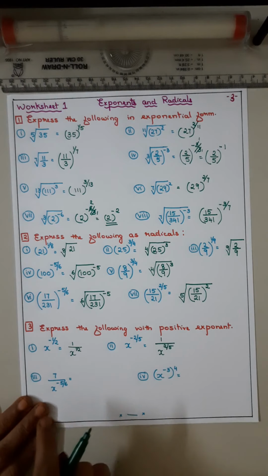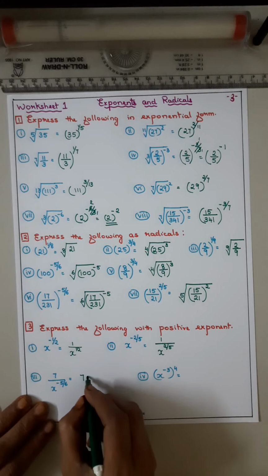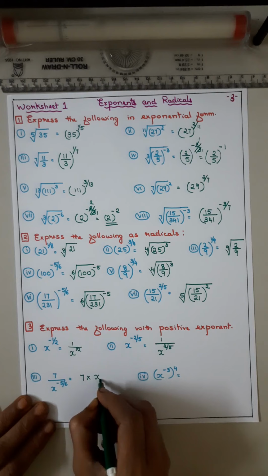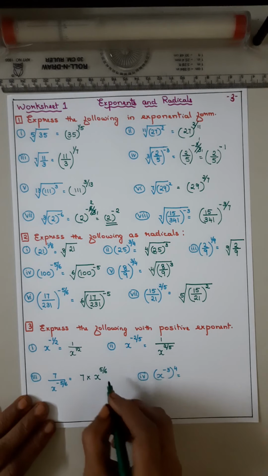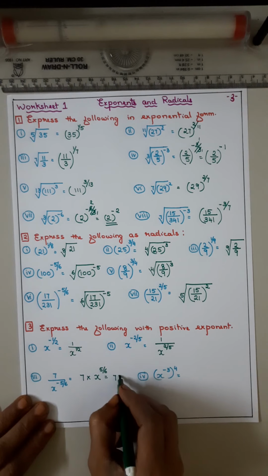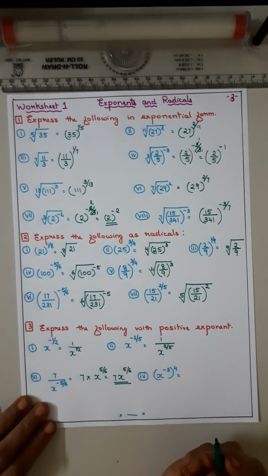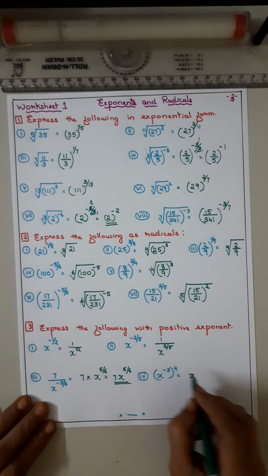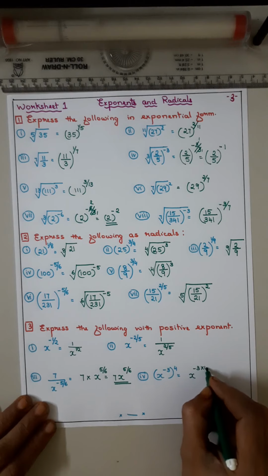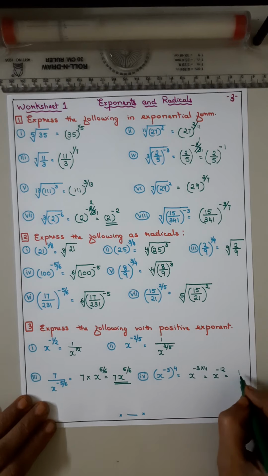Now here the denominator has the negative, so 7 into x to the power 5 by 6 will go to the numerator, isn't it? That means 7x to the power 5 by 6. Now here first you multiply minus 3 into 4. You got x to the power minus 12. That means 1 by x to the power 12.